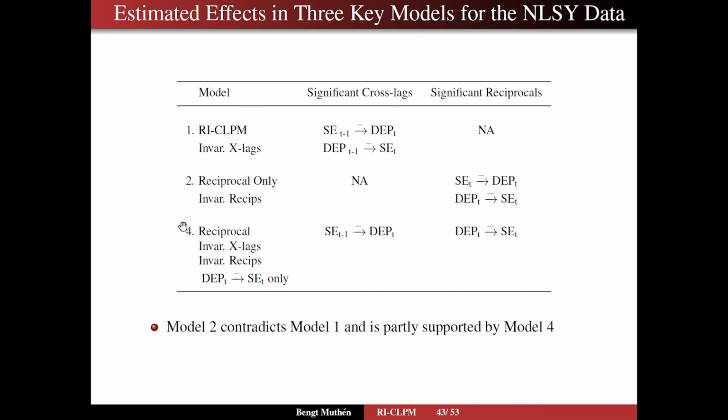And model 4 then keeps one of the cross-lagged effects and moves the other one over to a lag 0 effect. So one could claim here that model 2 contradicts model 1 and is partly supported by model 4. So that's interesting.